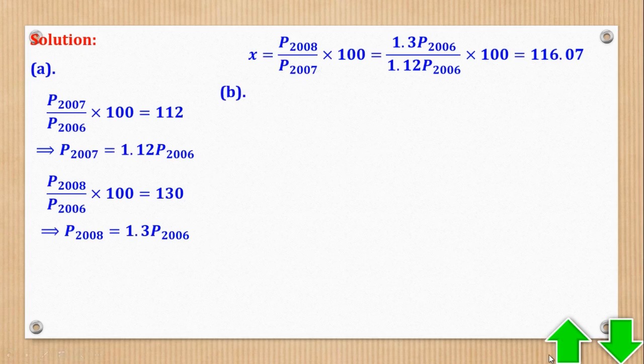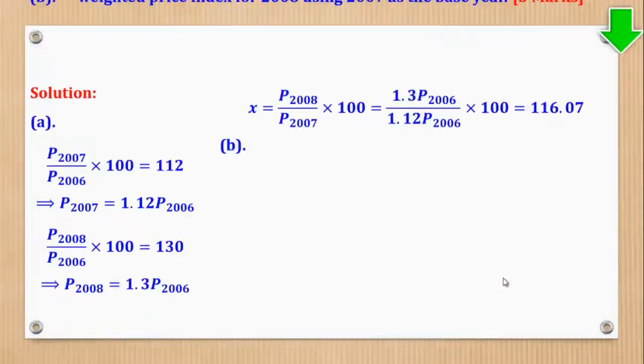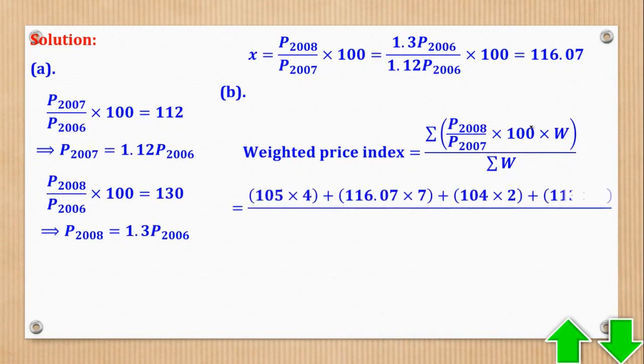Then for part B, they want the weighted price index for 2.8 using 2.7 as the base year. So when they say weighted price index, they mean weighted average price index. So you come and code the formula, then substitute. In this case, this 100 would have been outside, but because the values in the question are already multiplied by 100, that is why we bring it inside here.